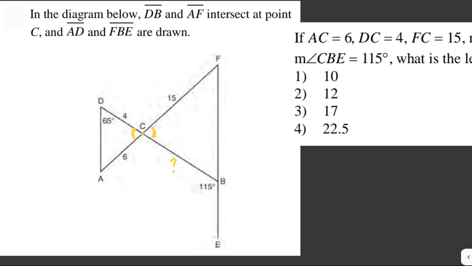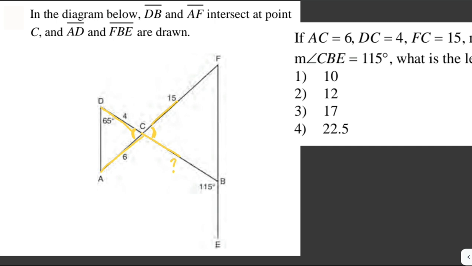Therefore, the two triangles formed here are also similar, so we can use the ratio and proportion for the sides. This side is to this side, as well as this side is to this one.